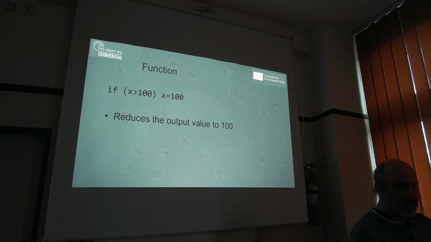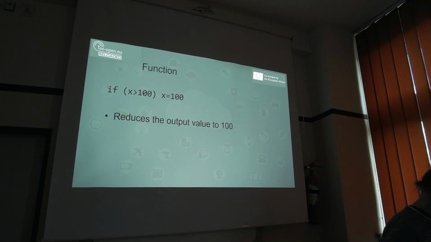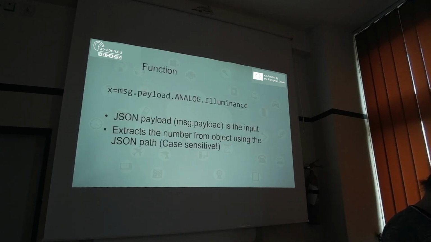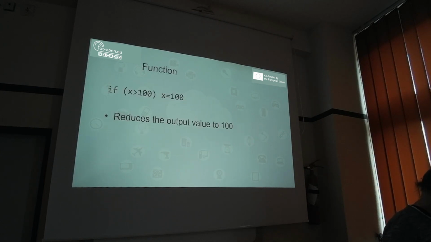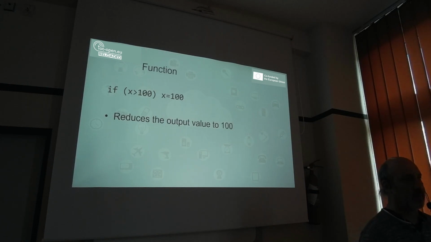The function decides what to do with our output based on the value of this LDR. So if our returning value X, remember X is created here, is higher than 100, we will reduce it to 100, to limit the value of X, because we know that it can change from 0 up to 64 kilo.